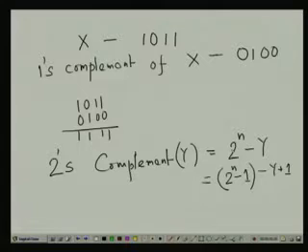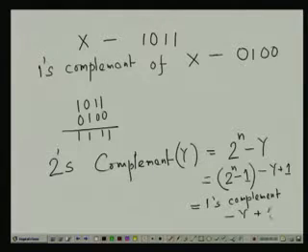Now, see 2 to the power n minus 1 we have already defined as the 1's complement. So, 1's complement minus y plus 1. This is 1's complement plus 1, the 2's complement.